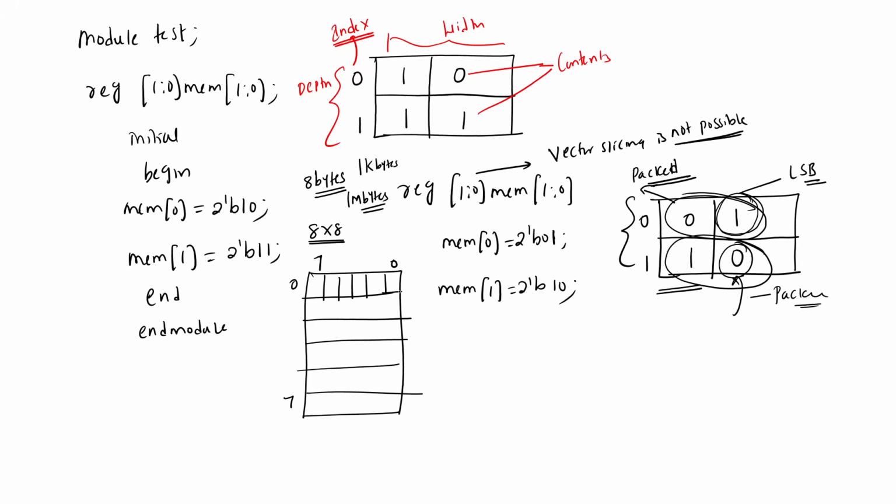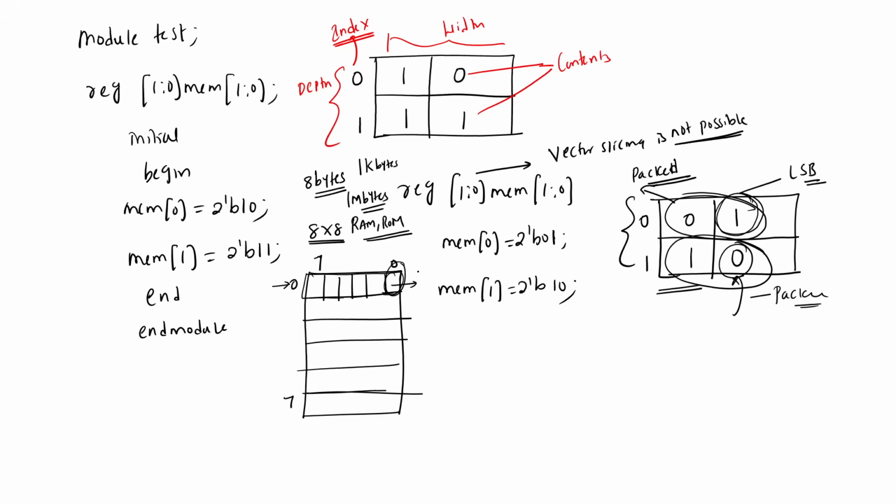In this memory location, can I access a single bit? If I am using this RAM or ROM, and the processor wants to access this memory, it will access according to the address location and it will access 8 bits of data. It can't access a single bit.